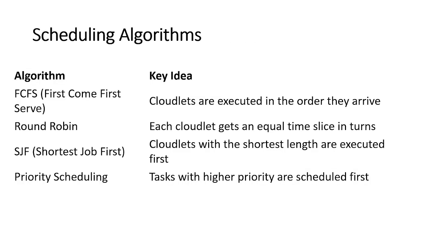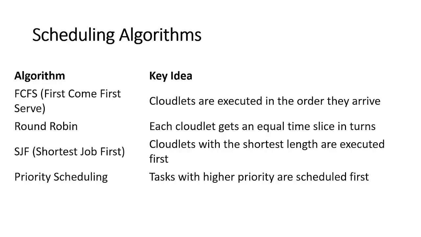Moving on to the scheduling algorithms, these scheduling algorithms have been taken from the foundations of the operating system. First come, first served. Here, as in CloudSim, the cloudlets, the user jobs, are executed in the order they arrive. In round robin, each user job gets an equal amount of time slice in turns to complete its task.